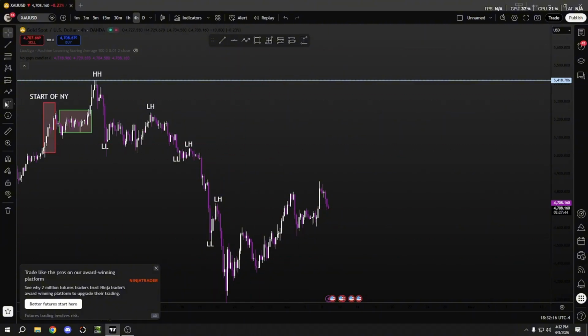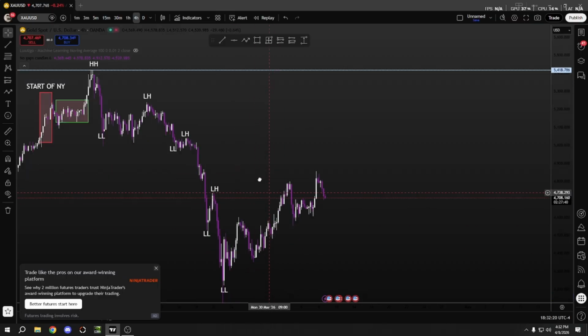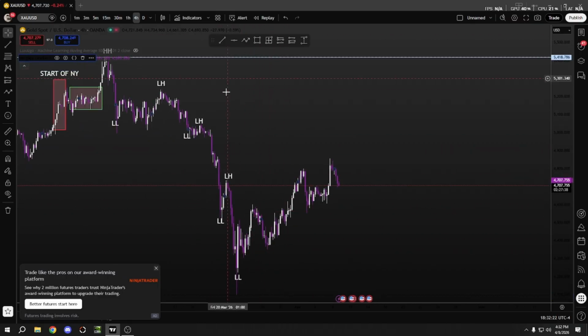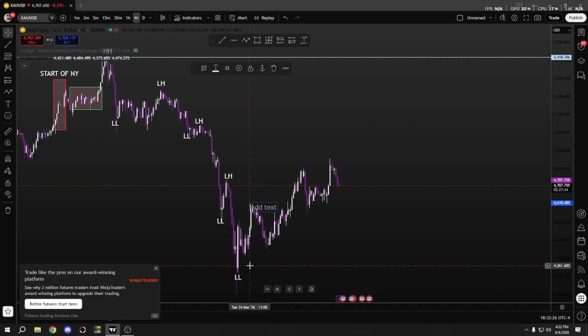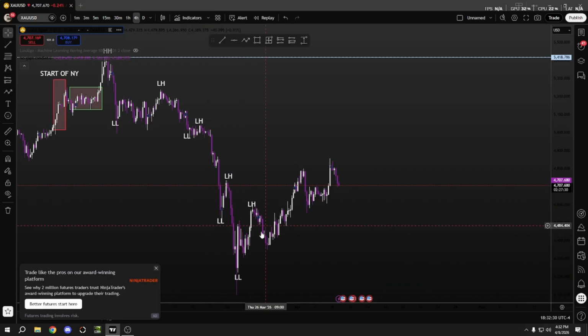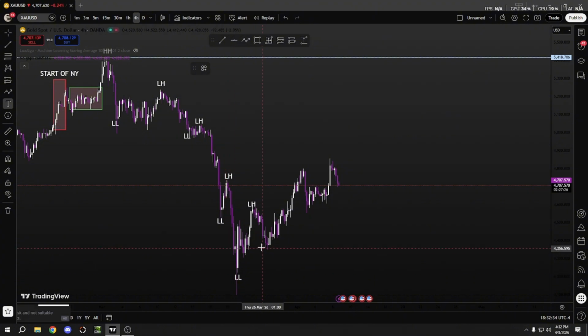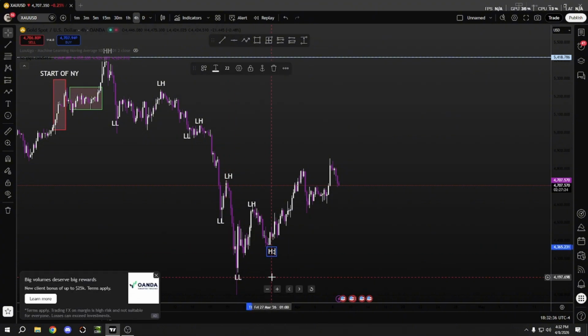Here's where it gets a little bit interesting, right? Give it a second. We got another lower low. Now, looking at this, we now have a lower high. Now, price has kind of switched, starting to make its way back up, and boom, here we have our first higher low.